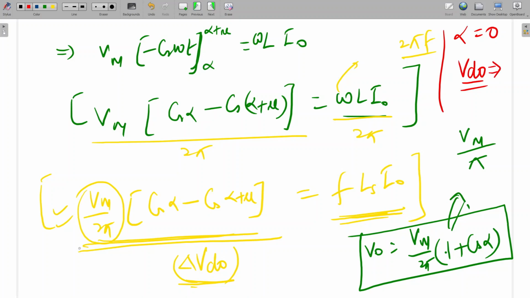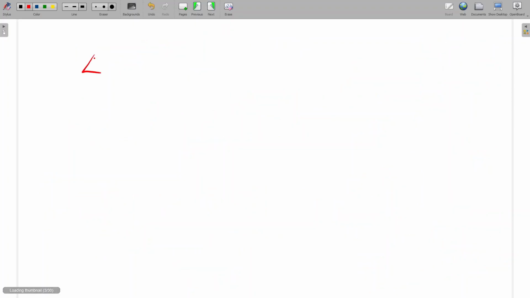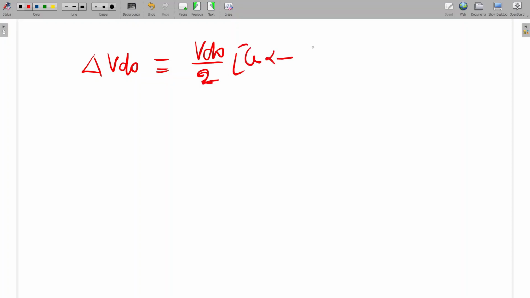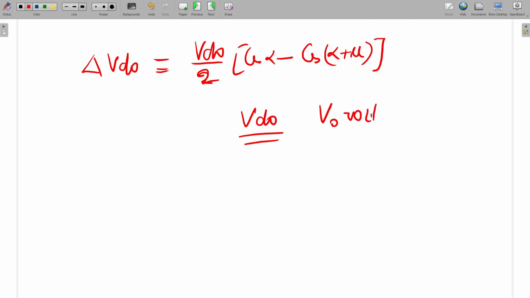So what will be this value? This value will be VD0 by 2. So we can write delta VD0 is equal to VD0 by 2 into cos of alpha minus cos of alpha plus mu, where VD0 is equal to the output voltage without the Ls effect at alpha equal to 0.